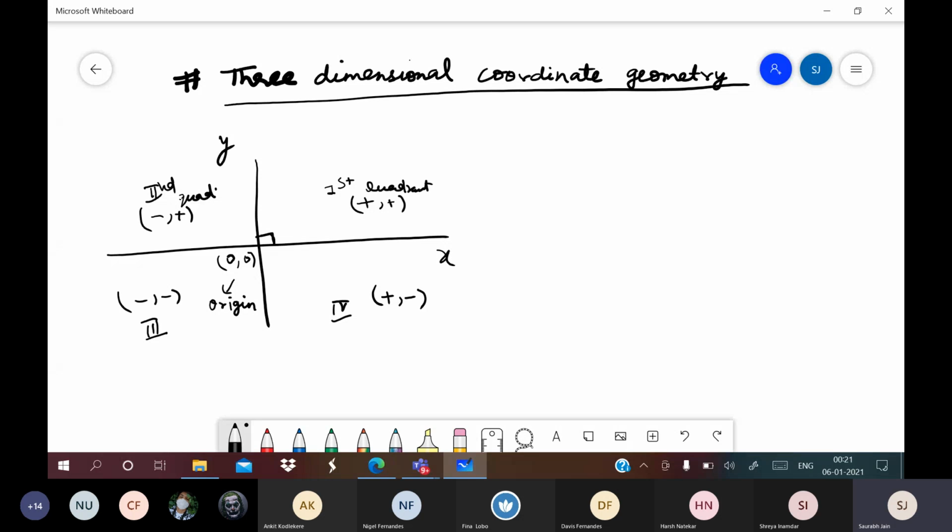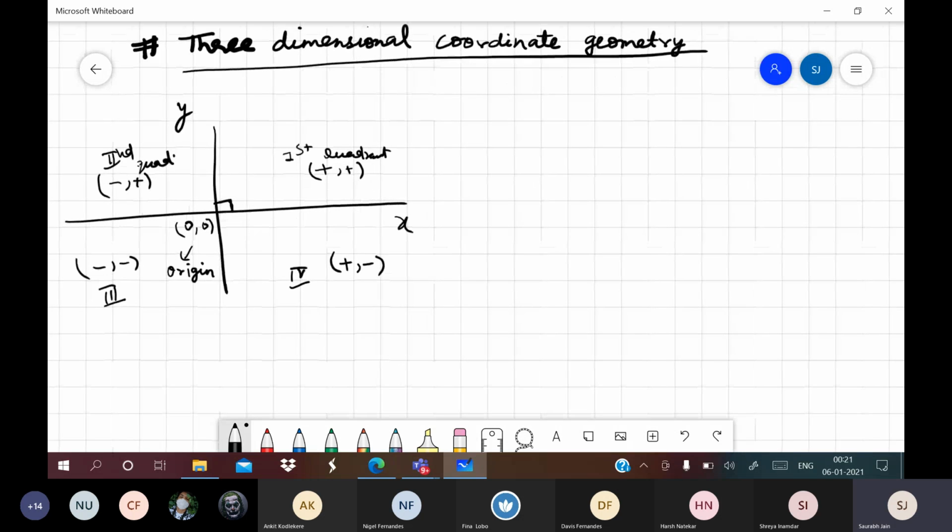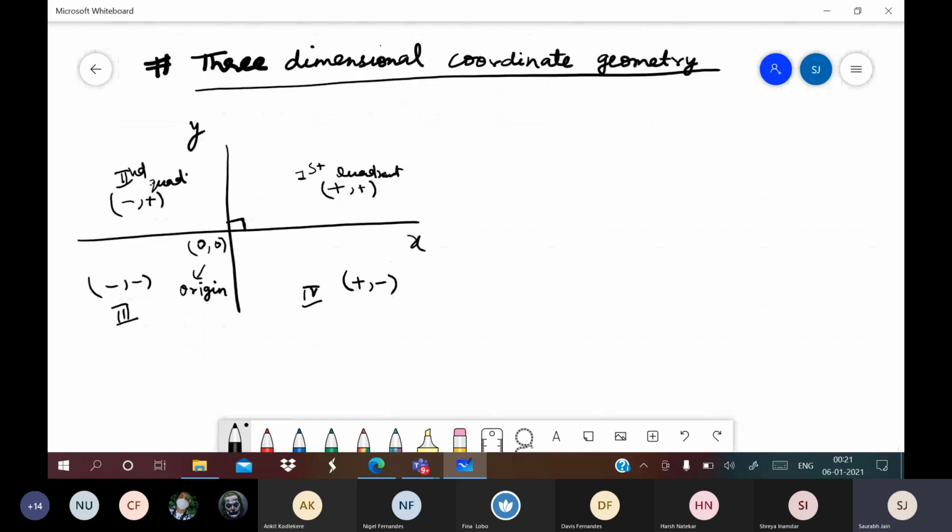Now, what happens in three-dimensional coordinate geometry? As the name says, three dimensions. Two dimension, that means x and y. Three dimension means x, y, and z. So, how will we understand this three-dimensional geometry?